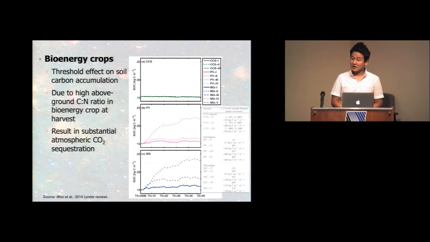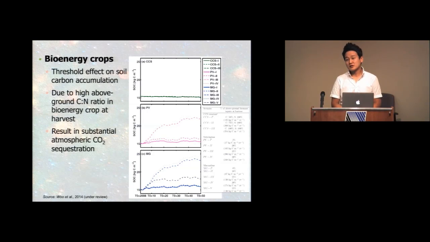We have applied our model to study the impact of bioenergy crops. We considered different scenarios for the different amount of biomass that is left to the soil during harvest.